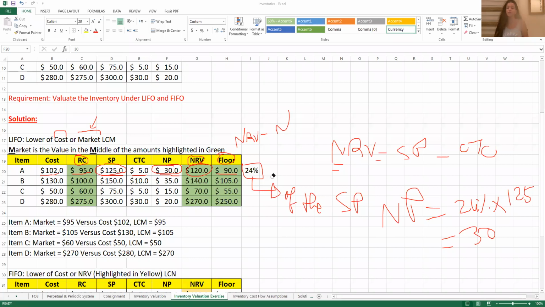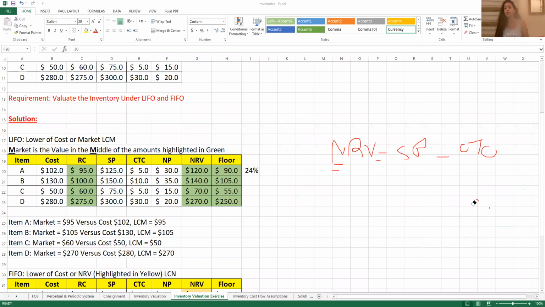We calculated the net realizable value and the floor, and we have the replacement cost. Now order these three numbers in descending or ascending order. So first I have 90, then 95, then 120, or 120, then 95, then 90. The value in the middle is simply 95, and that's the market value.